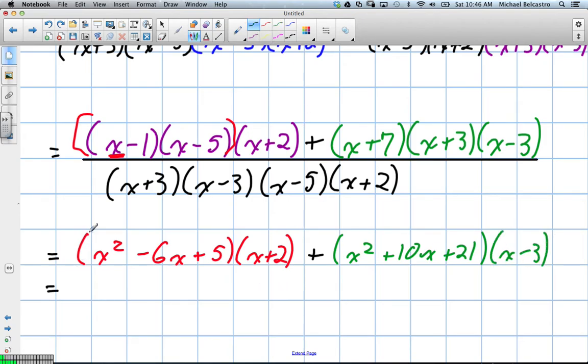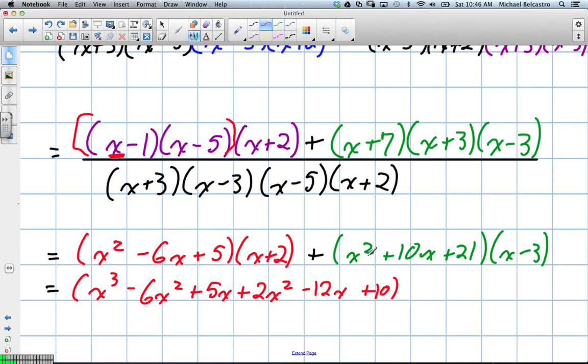And then the next line, I'm just leaving the denominator out right now to make it simpler. This will become x cubed minus 6x squared plus 5x plus 2x squared minus 12x plus 10.